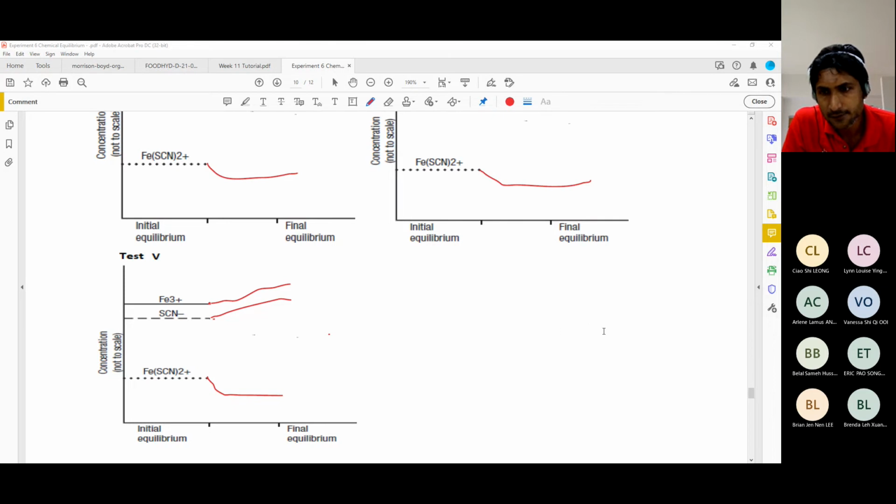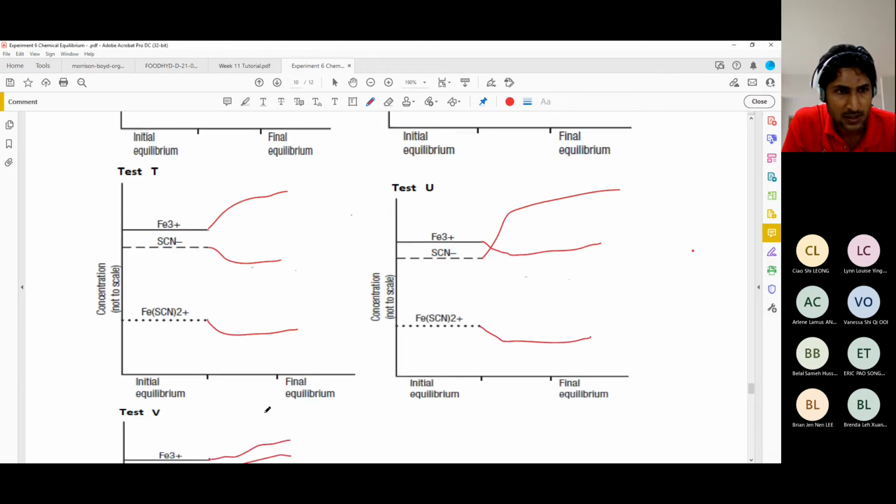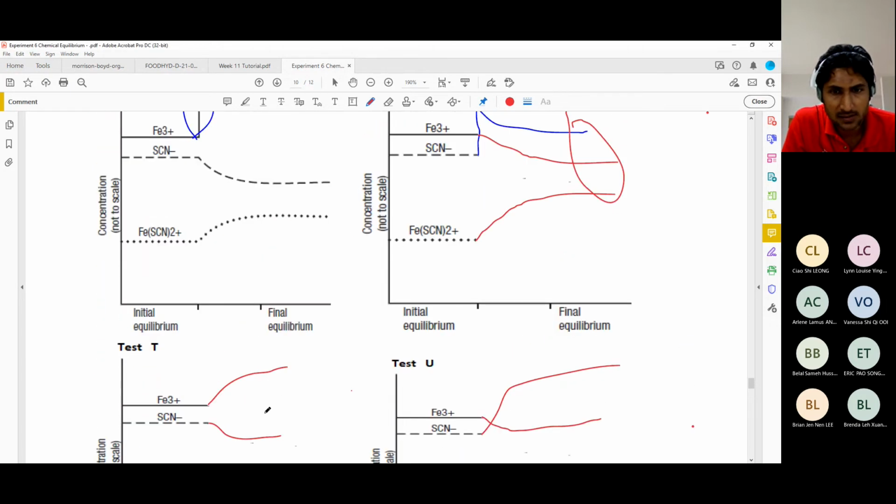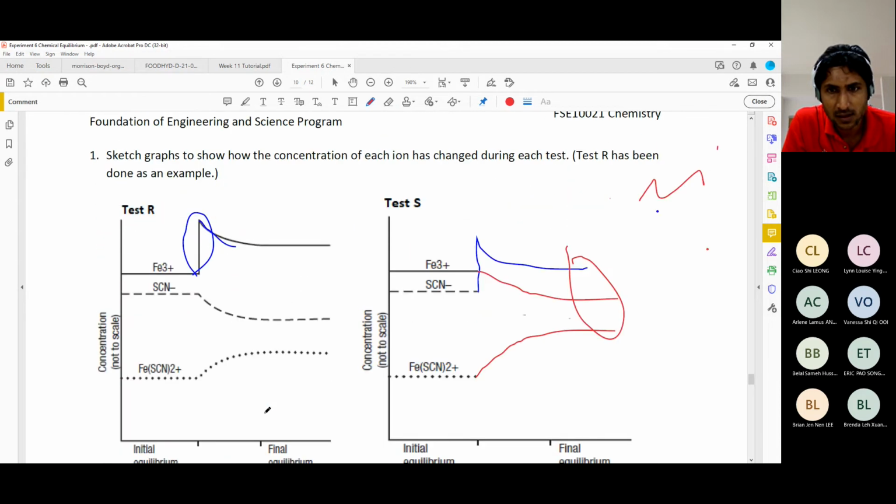So for the graph for KSCN, why did iron 3 ion increase? Which one are you talking about? Oh, for this S, is it?